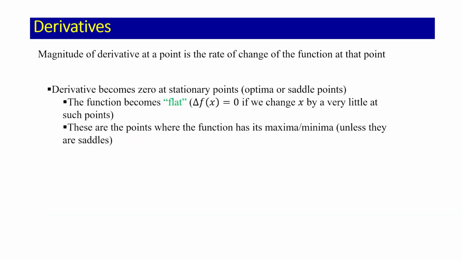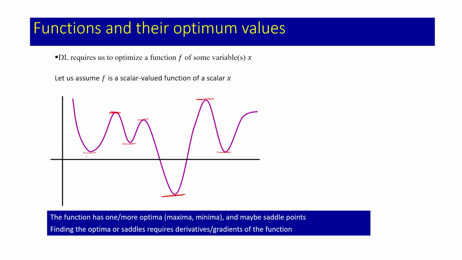So, how do you do that? Basically by applying gradients or derivatives, right, we talked about it. The magnitude of the derivative at any point tells you the rate of change of the function with respect to the variables at that point. Now, derivatives at these points, you could clearly see, will go to 0, because the curve becomes flat at this point, right.